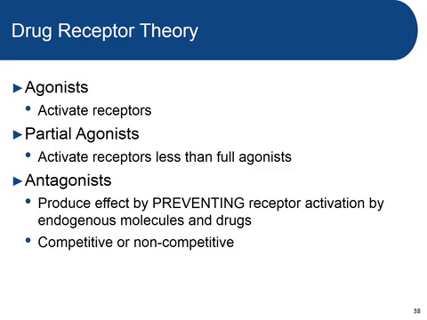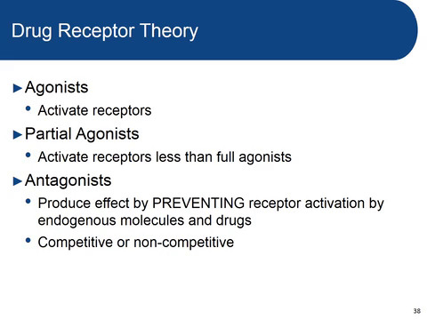And then finally, you have antagonists. These are drugs that produce their effect by preventing the receptor from being activated and thus preventing the response that would have occurred had that receptor been activated by the endogenous molecule. What I mean by that is they bind to the same receptor as norepinephrine, but when they bind, there's no response.